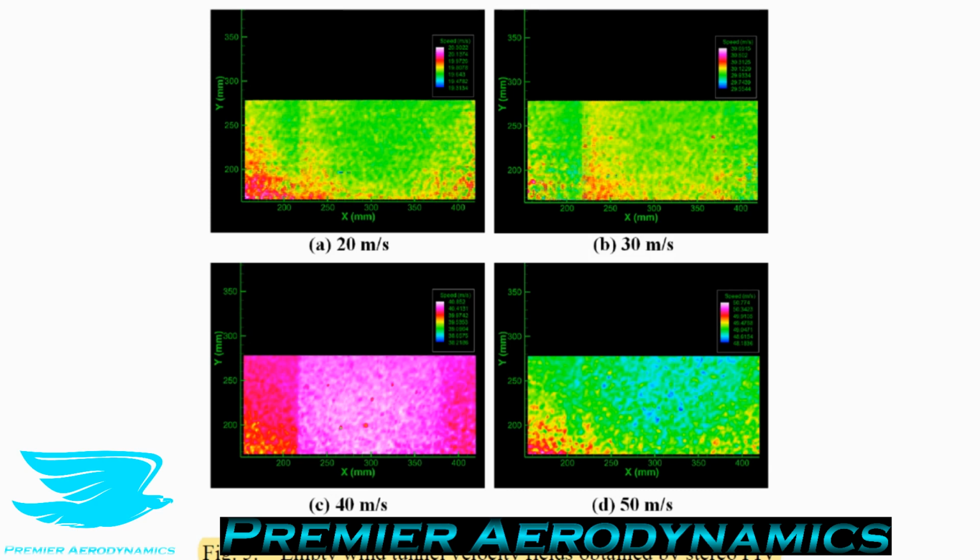So that means they're going to fall out, which means that instead of having, let's say, 99% of the particles in the laser sheet for both frames, for both pictures, you might only have 90% or even 80% or 50%, which is really bad. You want to keep as many particles in the laser sheet as possible between the two frames. The higher the velocity, the more distance these particles travel in that time between the two frames, and then they'll fall out of the laser sheet and you get new ones coming in.